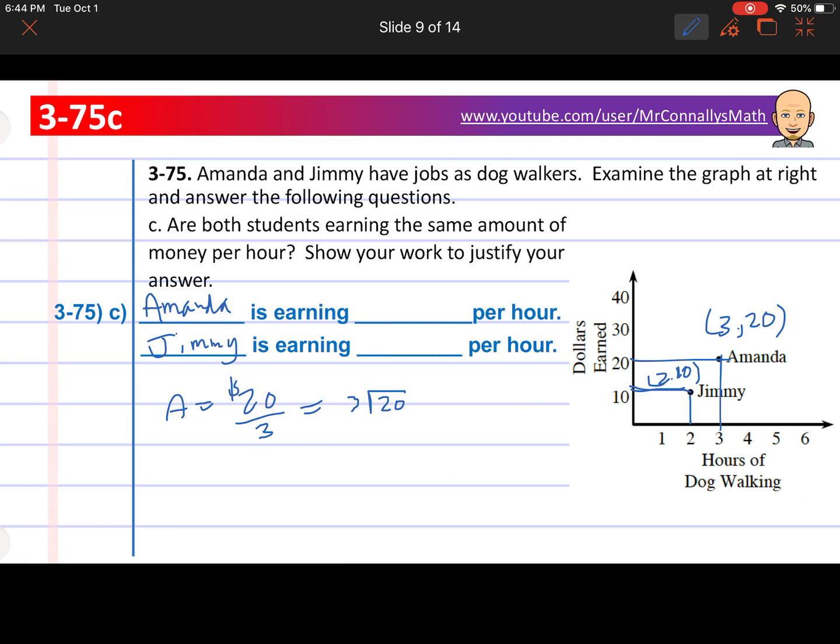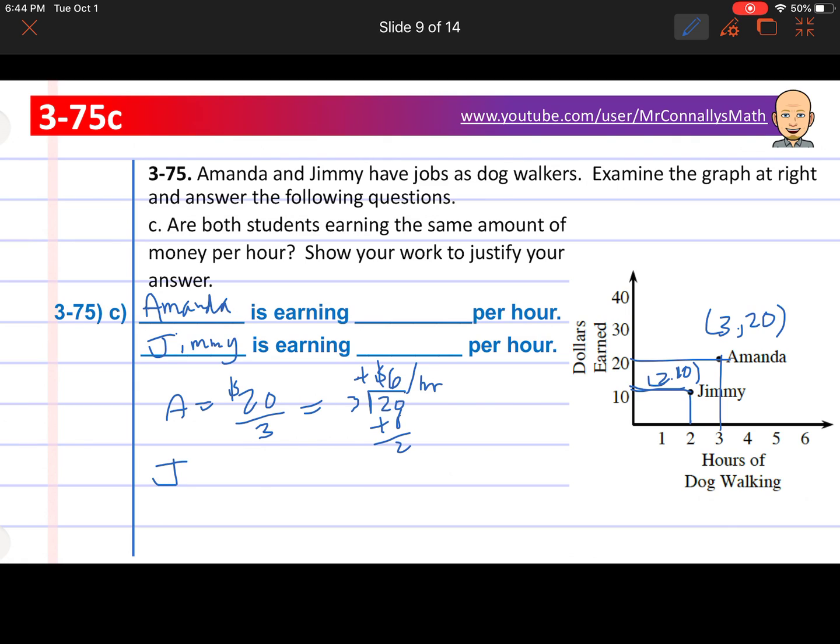And this is going to be about 9 would be 27, 7 would be 21. Now we got a remainder of 2. So about 6 2/3 dollars. So a little more than $6 an hour.